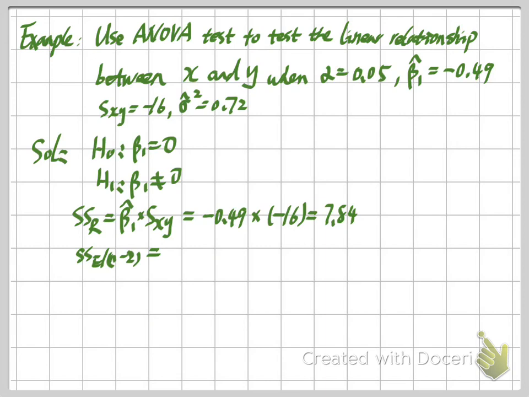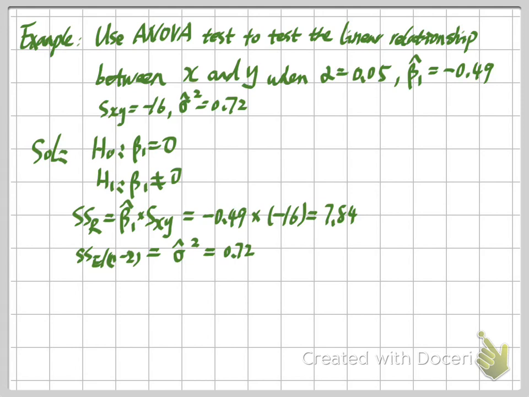However, if you recall the property of SSE divided by n minus 2, we know the estimator of this one is our sigma square. So we can use the estimator sigma hat square for this value of SSE divided by n minus 2. That means for this term, it will equal 0.72.